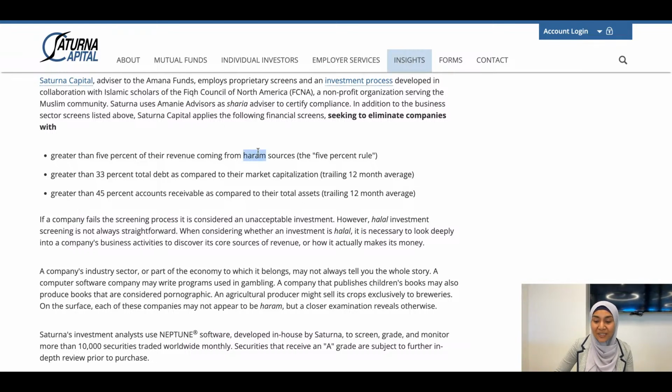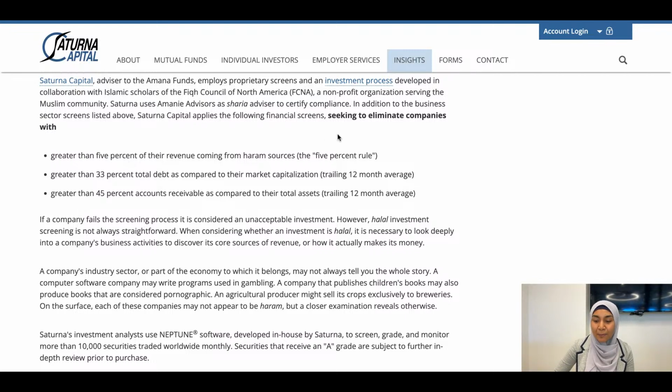Sometimes you get a company that's mostly good, but might have a small percent that does something that is against Muslims. For example, it's a grocery store, but they sell alcohol, but in the grand scheme of things, the sale of alcohol is less than 5% of their general business.